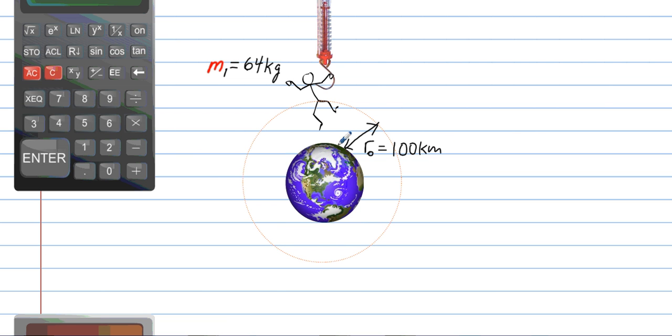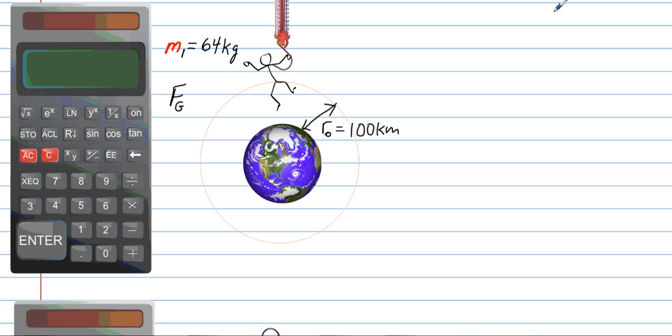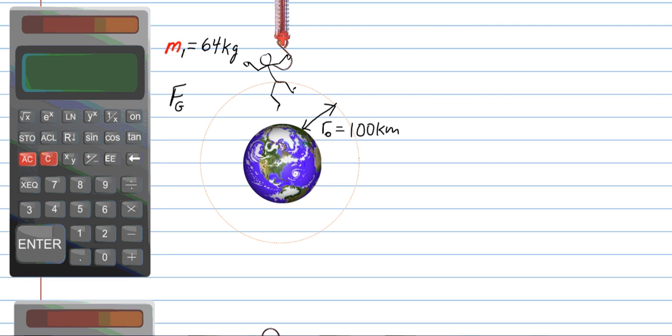What we need to do is find out the force due to gravity between these two bodies. So let's begin by writing out the main equation, the topic sentence as I refer to it. And the topic sentence here is simply going to be F sub G is equal to G m1 m2 divided by the distance between the centers of mass squared.